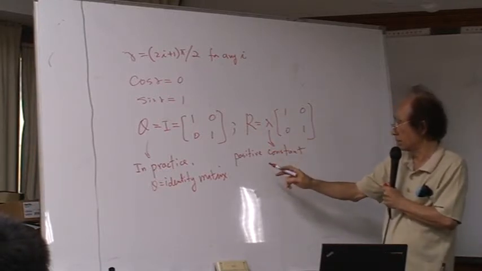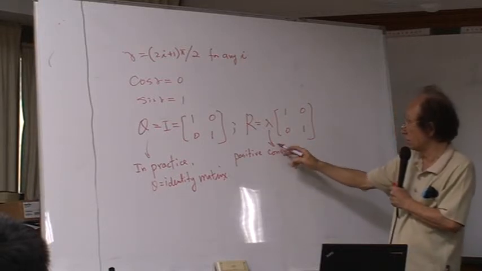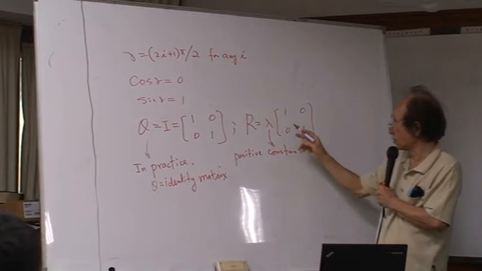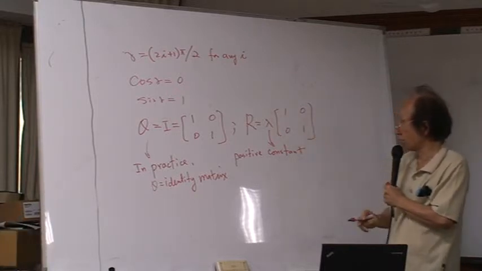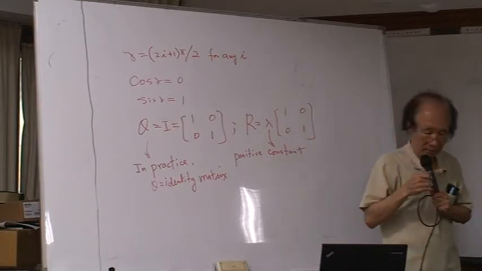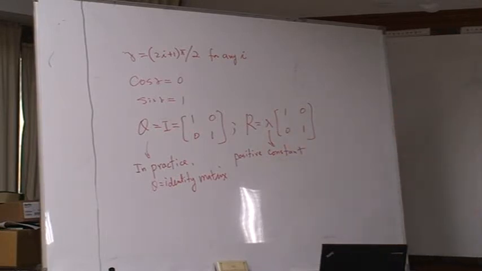The same thing in practice, we always do like this because we don't want too many parameters we have to adjust. So we have only lambda here that we need to adjust. That's what we always do in practice.